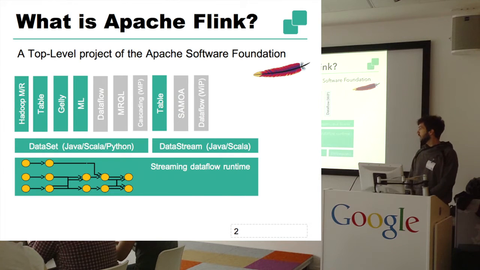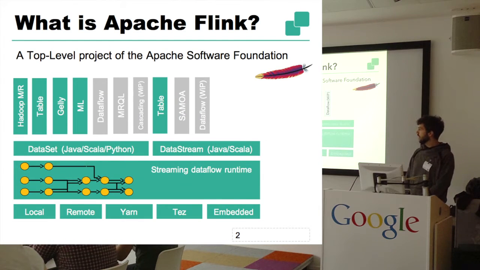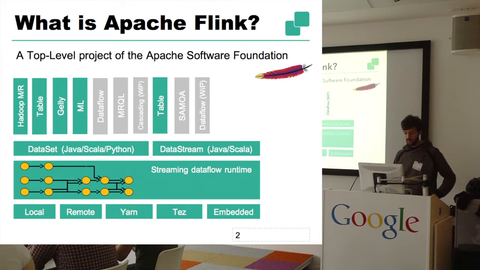You can run your programs written in Apache Flink in different environments: locally, which is very useful for debugging, or remote, or even on YARN, or on top of Apache Tez, or in an embedded way. We will see what that means later on.